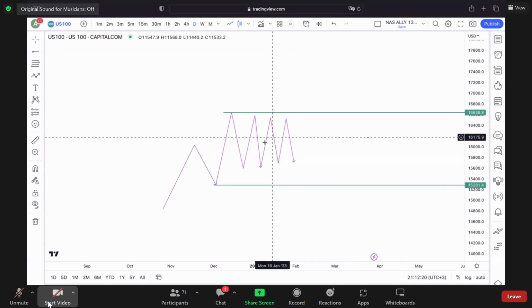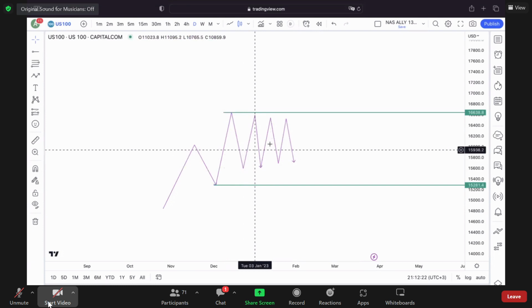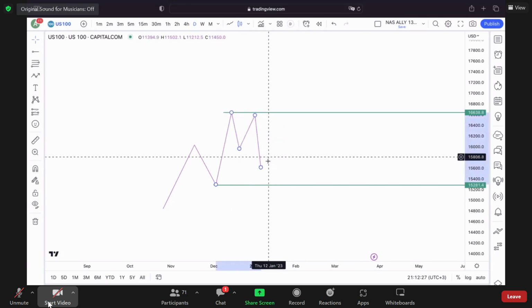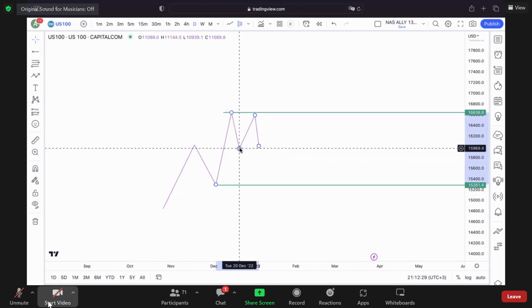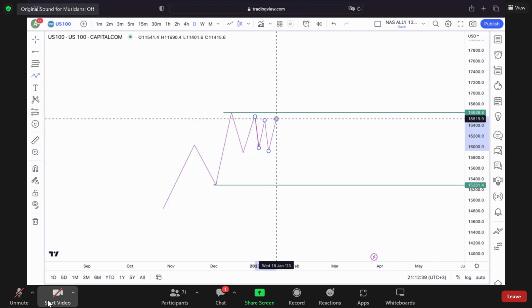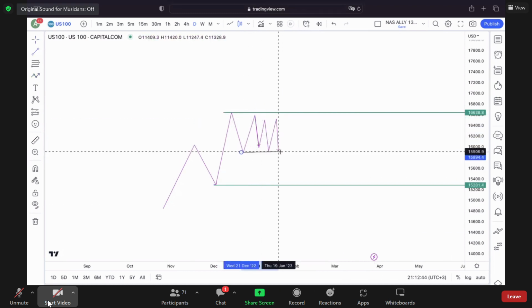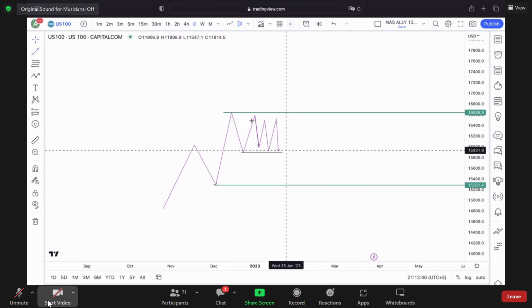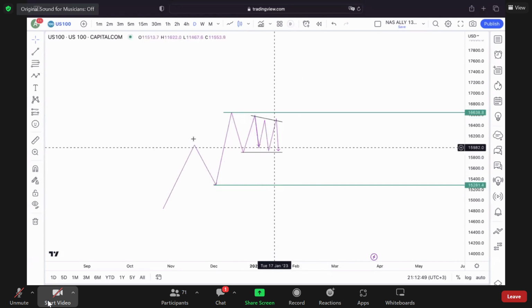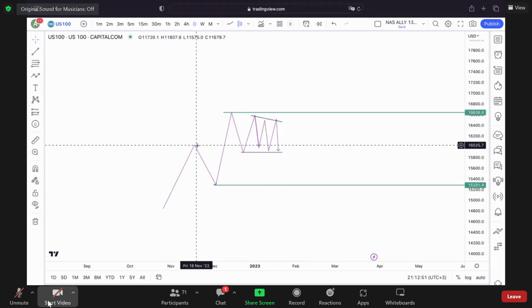Or what could be happening, and this is what I was trying to explain to everybody today in terms of inducement, is that liquidity is being built up, and there's liquidity laying below these lows and above these highs, so there's liquidity on both sides, but our overall structure right here is still bullish.